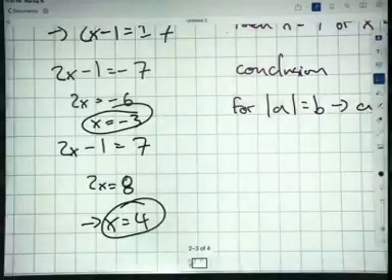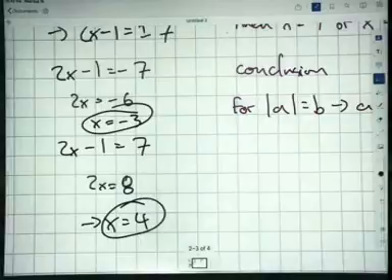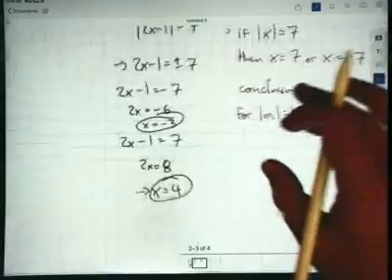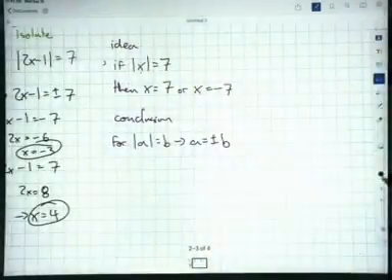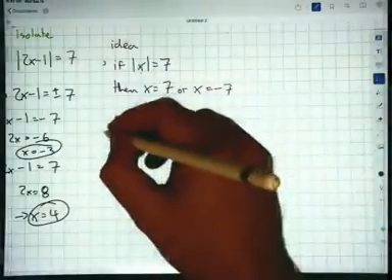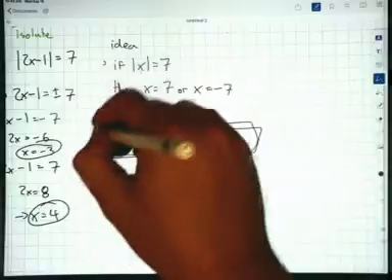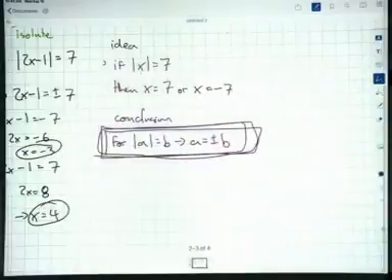And there's my two solutions. So this is one of the big ideas that I talked about in the notes: how to deal with absolute value equations.